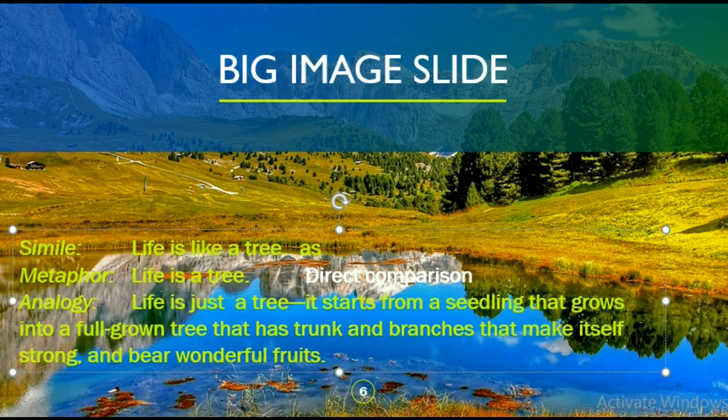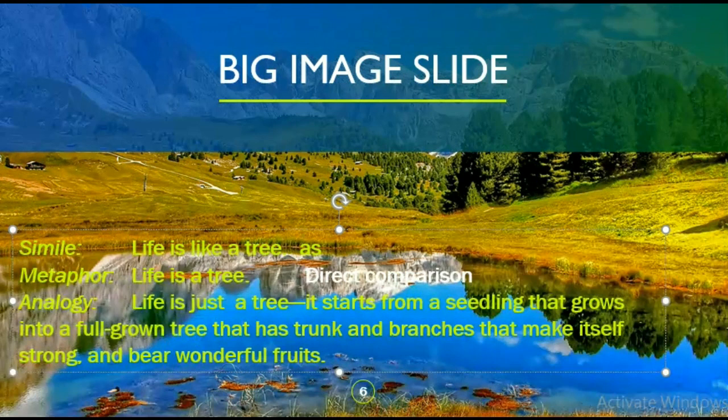So when we became older, when we aged, when we are experiencing a lot of experiences and situations in life, we became stronger. And that is the symbol of the trunk. Now, what about the branches?